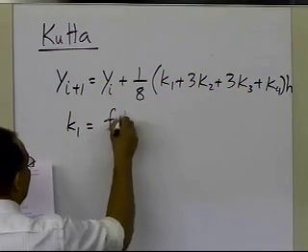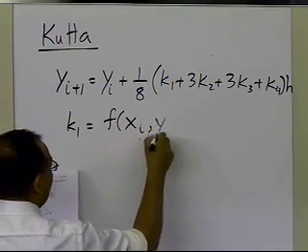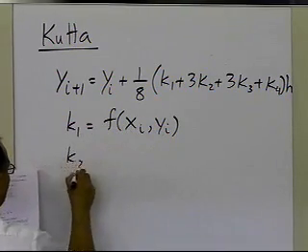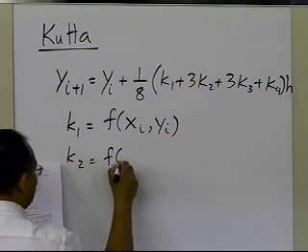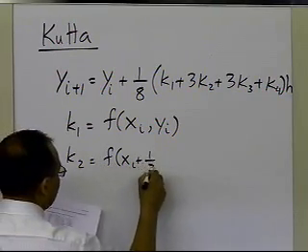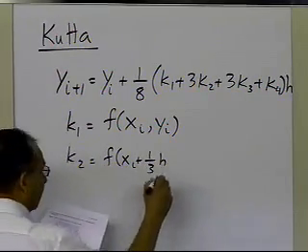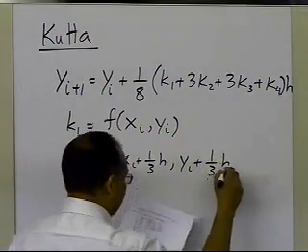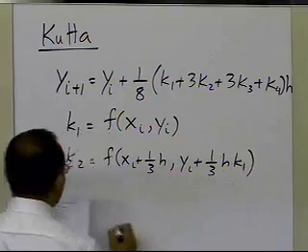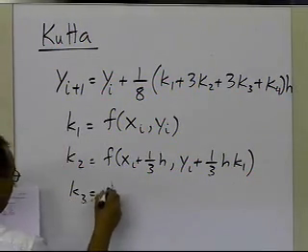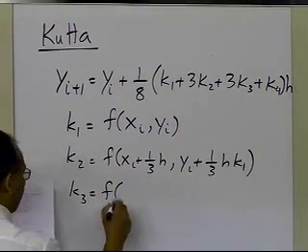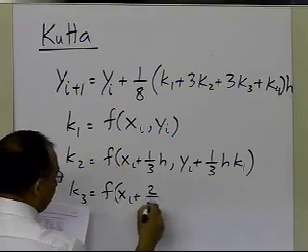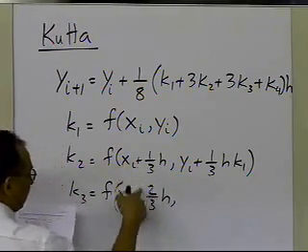What are the individual values? K1 is the value of the function at the point where we are. K2 is the value of the function 1/3 of the way ahead, so we have to have the corresponding value of y at that point. K3 is the value of the function at x sub i plus 2/3 h. So 1/3 away, 2/3 away.